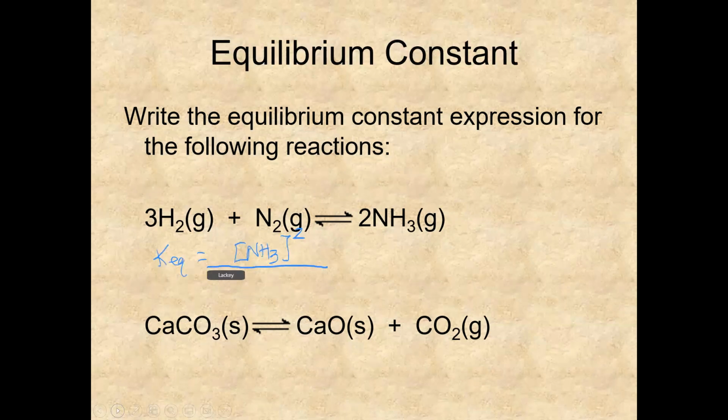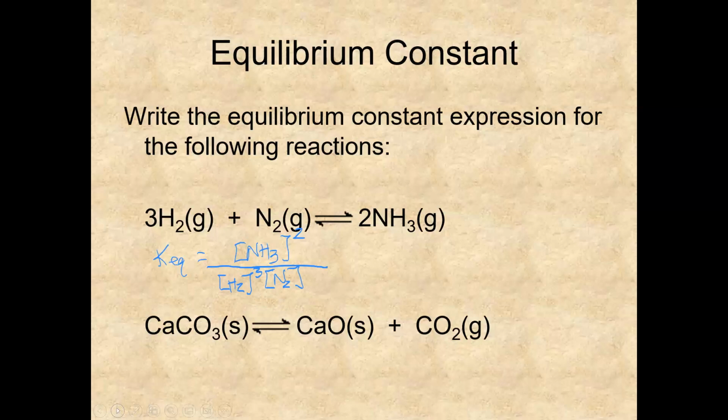So we have hydrogen, which has a coefficient of 3, so that should be cubed. And then we have nitrogen, which does not have a coefficient, so it will not have an exponent. So that is our equilibrium constant expression. It is possible that you will come across problems that just want the expression or the formula for how equilibrium constants would be found. Let's look at the next one.